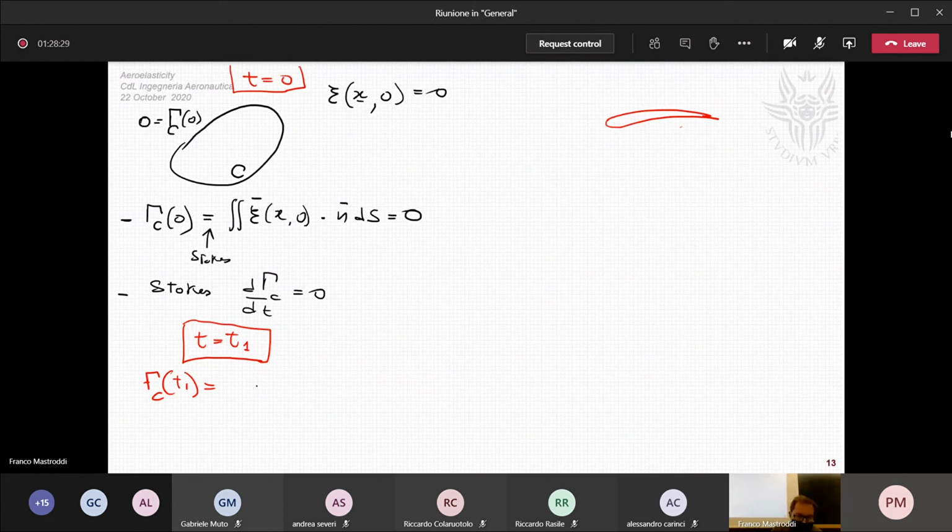Again, we have 0. So in this red time, the contour has moved just here, and you have here gamma in T1, which is 0.